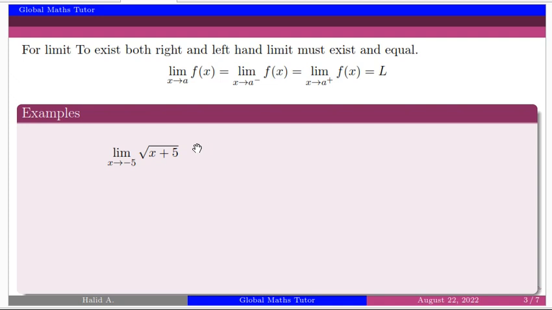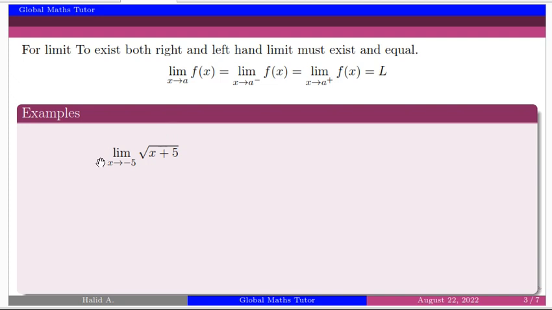But if we find the limit from the negative side, for example minus 5.1, minus 5.001, if we substitute minus 5.0001, it gives minus 0.0001. The radical of a negative number does not exist.